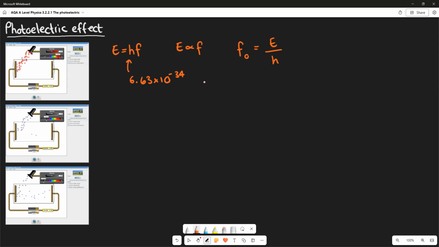And we know that the speed of light is equal to the wavelength multiplied by the frequency, and therefore we can put that into this equation here, substitute it in by knowing that the frequency is c over lambda, and therefore this equation, E equals hf, becomes hc over lambda, and the threshold wavelength then becomes hc over the energy.